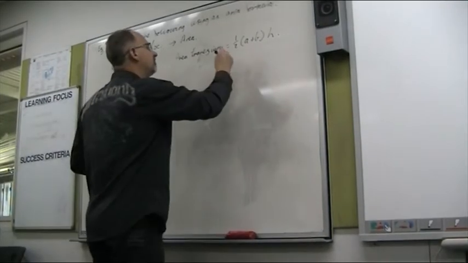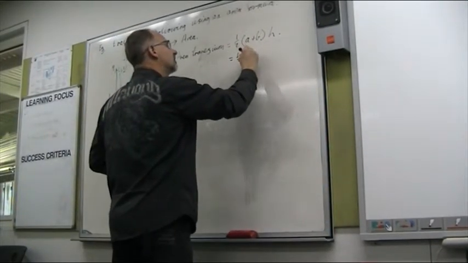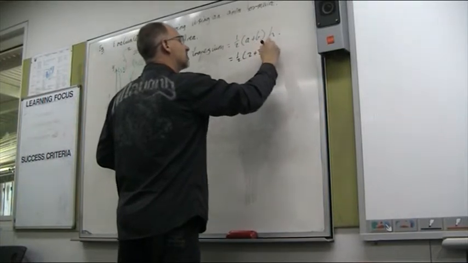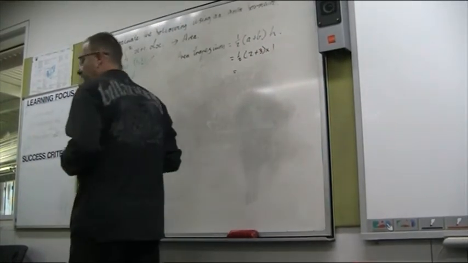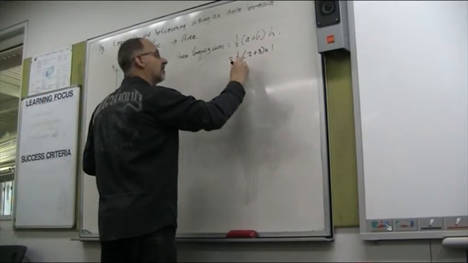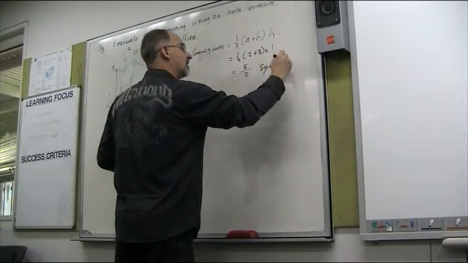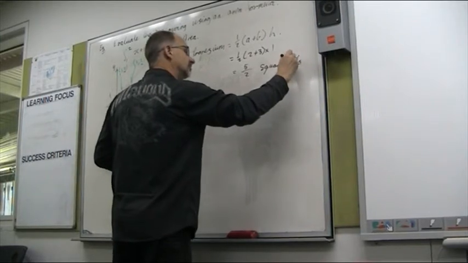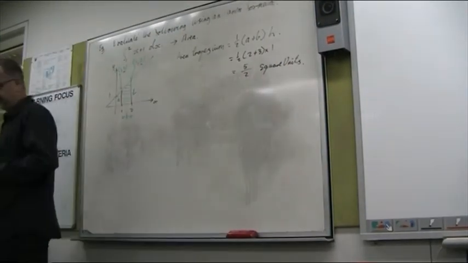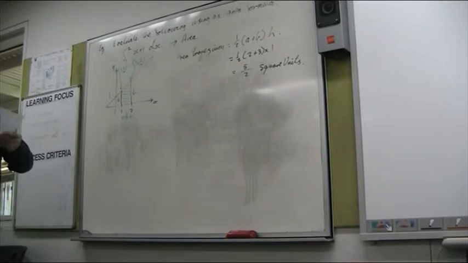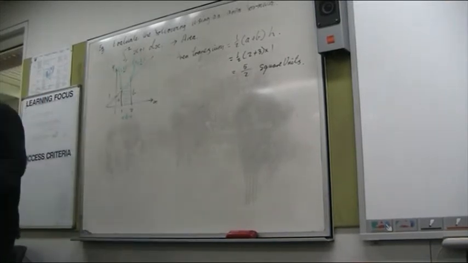So a half of 2 plus 3 times 1 would be 5 over 2 square units. Nice when the line's a straight line, but it's not always a straight line.